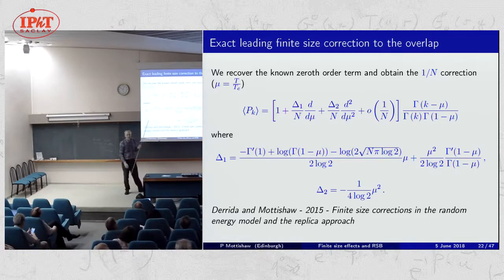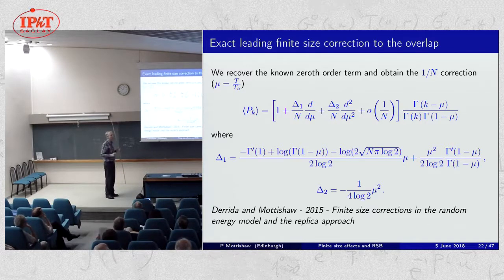So it becomes very clear for this sort of problem that if you look correctly at fluctuations in the block size, the replica approach will indeed predict the correct finite size corrections for P of Q. So it's a nice way of approaching the problem.